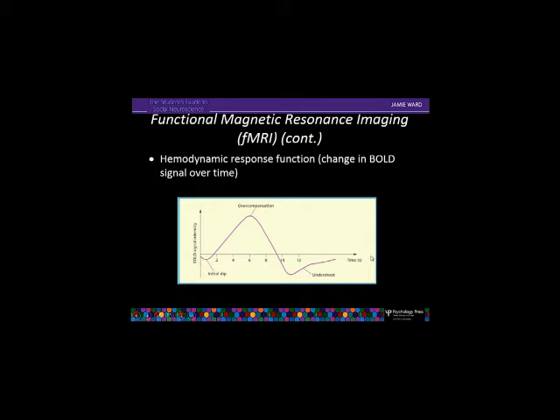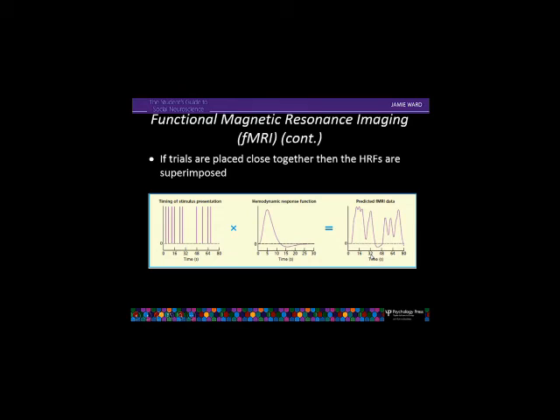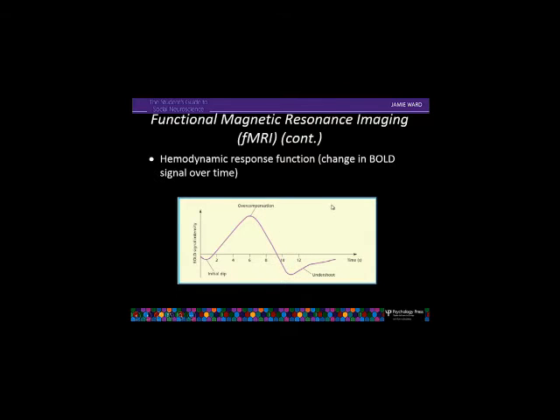And effectively what you're doing in an fMRI experiment is that you might, for instance, show a person a face versus an object, and you're asking the question, where is there a large BOLD response to a face relative to the other? So imagine this is your face line and you've got another line that's an object, it might look something like that, where you've got a low BOLD response.